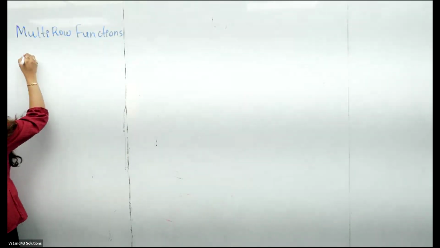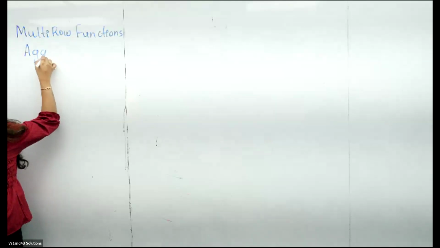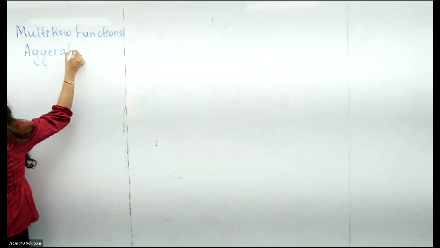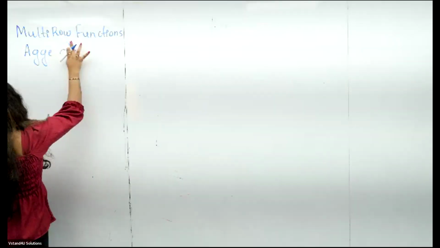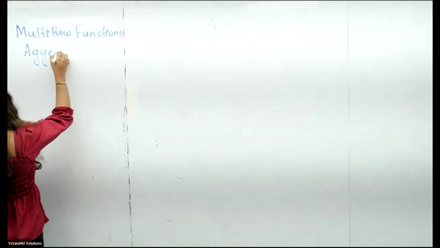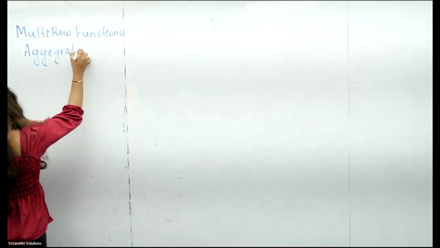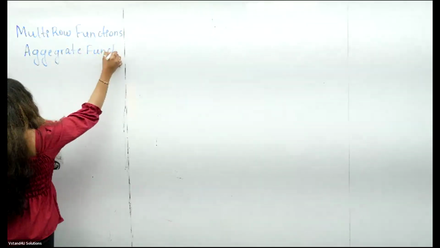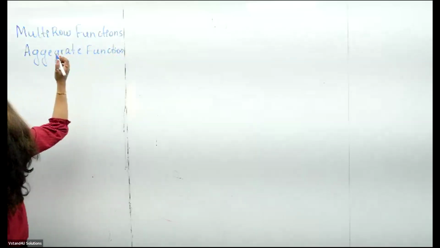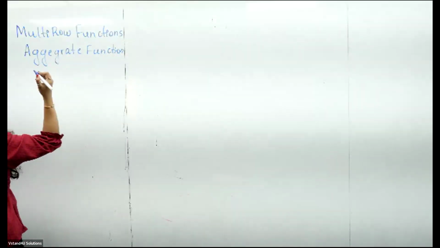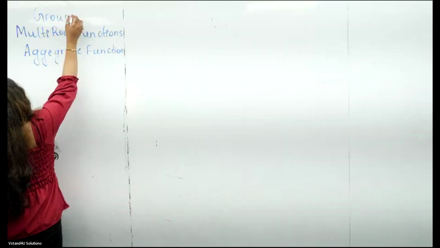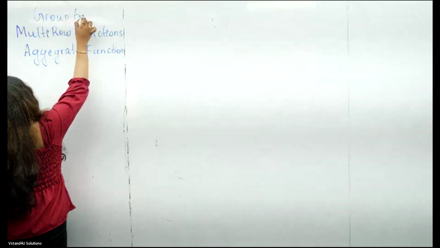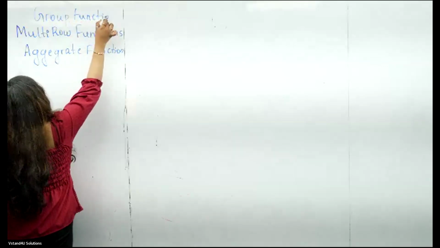Multi-row functions, or these multi-row functions, are also called aggregate functions. Spelling correct? Yeah, aggregate functions, or they are also called group functions.